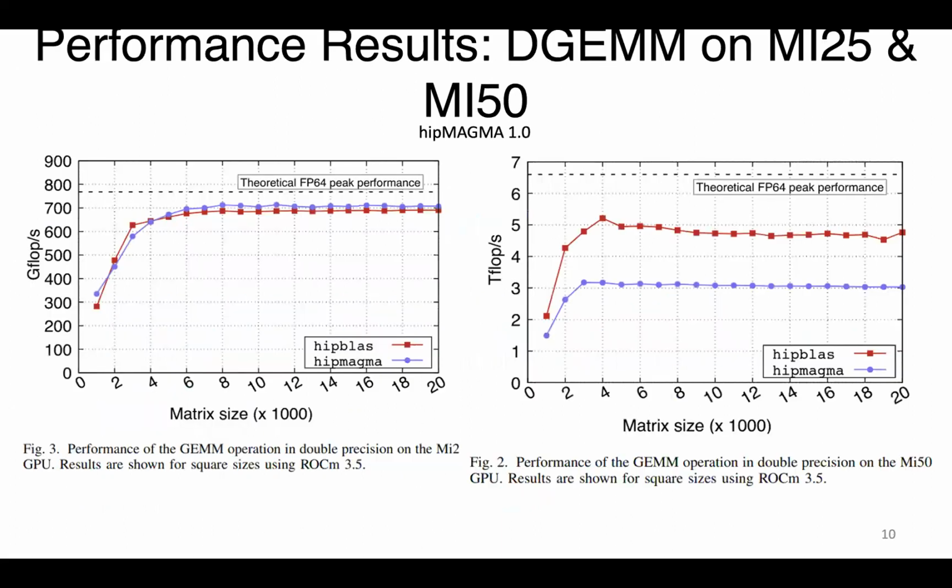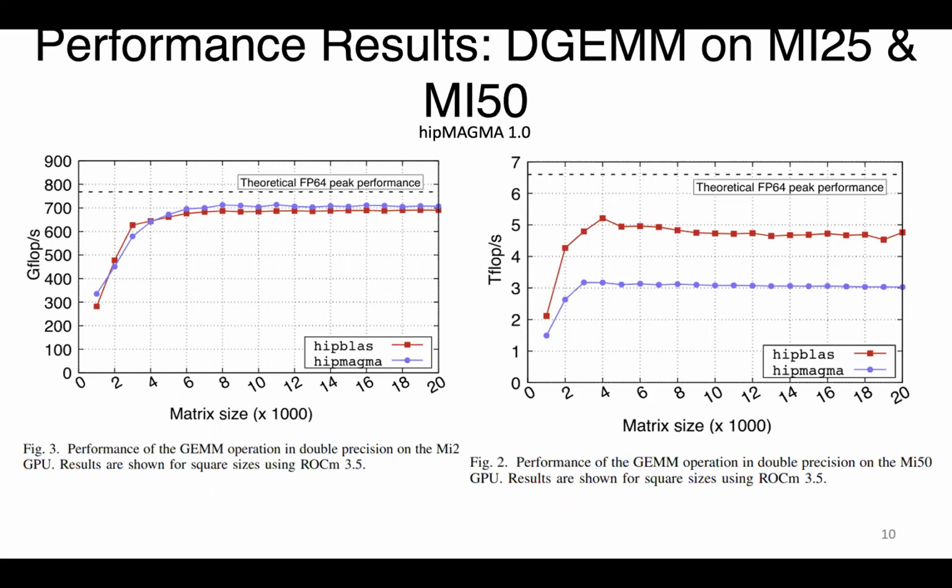So just to give you a taste of the results of MAGMA on a platform that is not the original CUDA platform, in this case I'm showing results from the MI50. On the left is compute-intensive code that achieves very high performance.